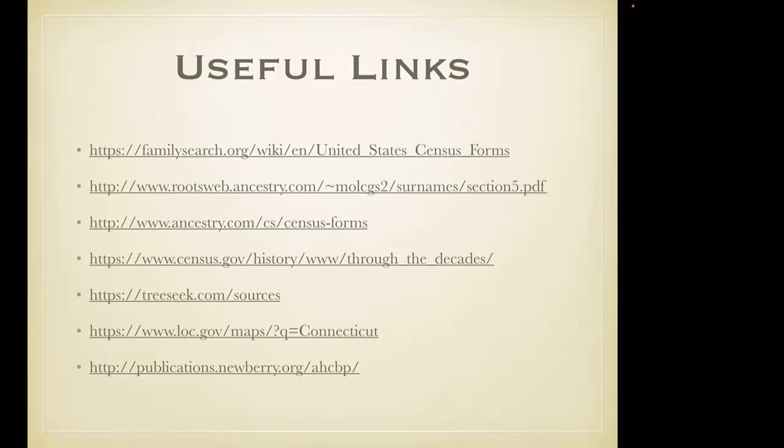At census.gov, while census information is not publicly available until 72 years later, if you have a lot of information about a person and you're willing to pay, I think it was $65, they will look up an ancestor on an unpublished census. There's a form on their website at census.gov.